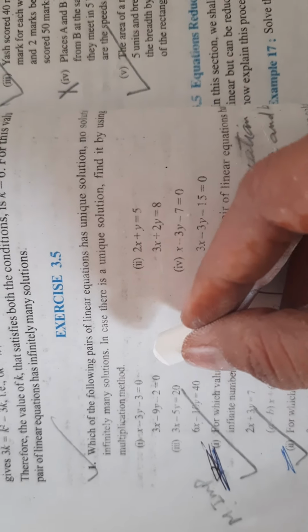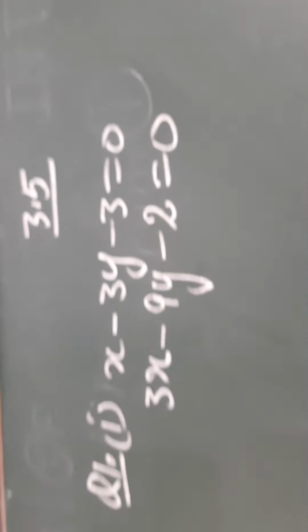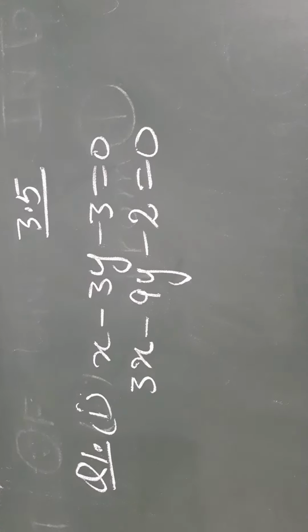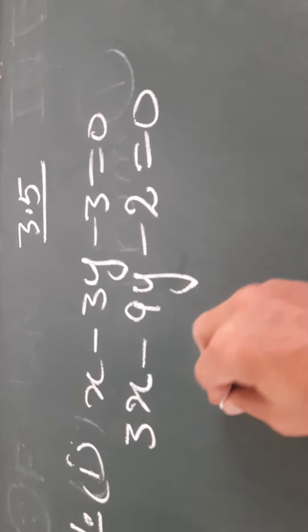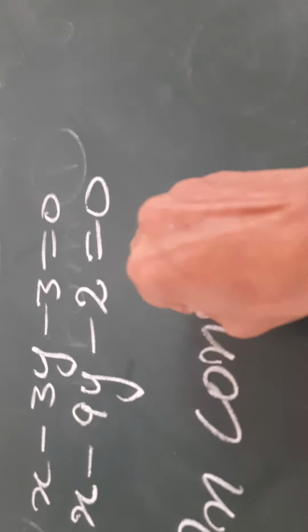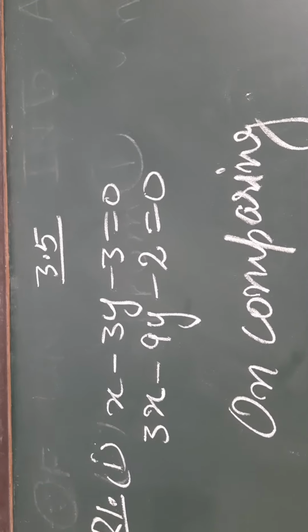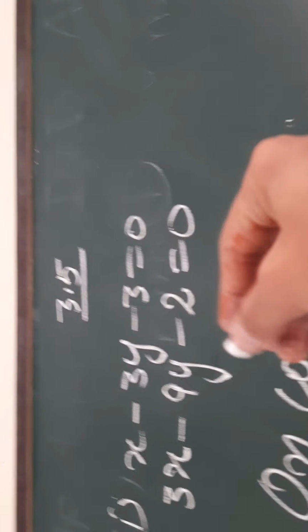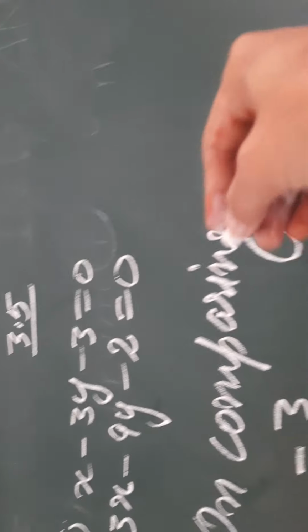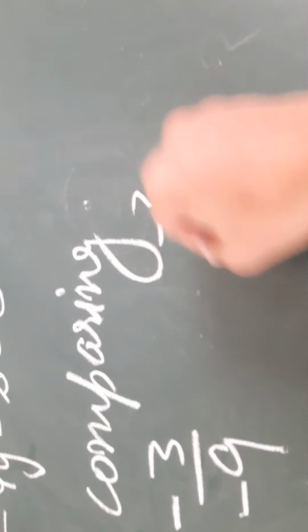So I am solving one part in front of you, try the remaining yourself. Now to check whether the solution is unique, none or infinite, we have to compare the ratios. So on comparing the ratios, as you know, we have done this in the second exercise. a1 by a2 is 1 by 3, b1 by b2 is minus 3 by minus 9, c1 by c2 is minus 3 by minus 2.